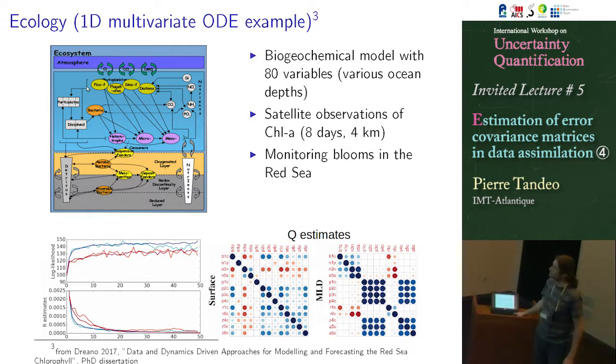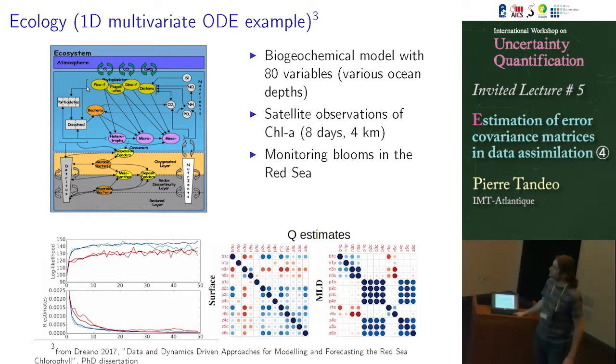This is the result of EM. You can see here the likelihood, which is increasing. Here I show the error of the satellite observation. Basically, I didn't check it against the error given by the producers of chlorophyll data.